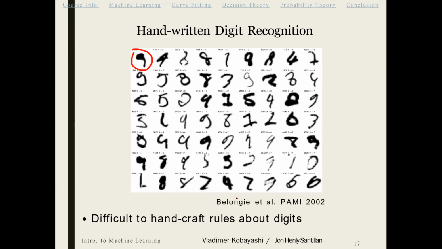So that's why, how do you take into account all the different changes in the way we write numbers? Kaya sinasabi niya, difficult to handcraft rules about digits. How do we know that this one is not 8 but 3? How do we know that this one is 2 and not 0? Kasi ito 2, ito din ay 2, ito din ay 2.